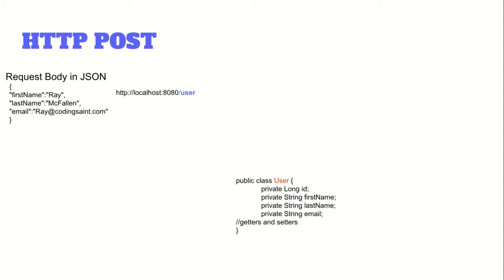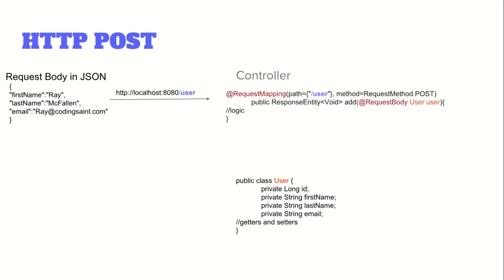Now over HTTP, localhost 8080, we will perform this operation, and our endpoint will be user. So once we use this endpoint with HTTP POST and this request body, we will be inserting it into the database.